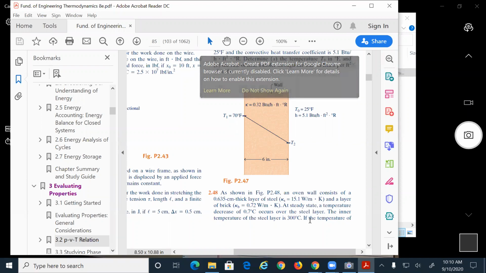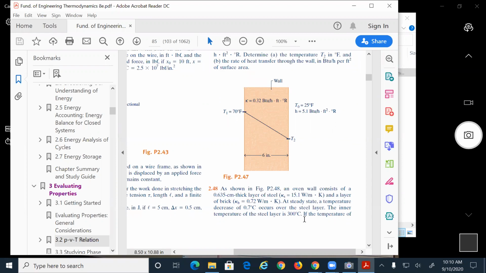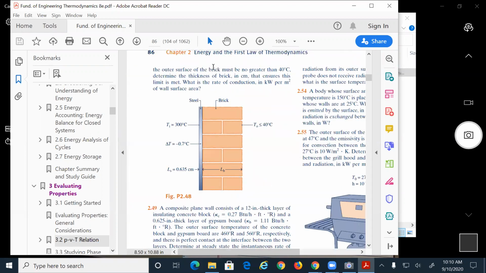The inner temperature of the steel layer is 300 degrees Celsius. If the temperature of the outer surface of the brick must be no greater than 40, determine the thickness of the brick wall, so LB, I'm guessing, in centimeters that ensures this limit is met. What is the rate of conduction in kilowatts per meter square of the wall surface?